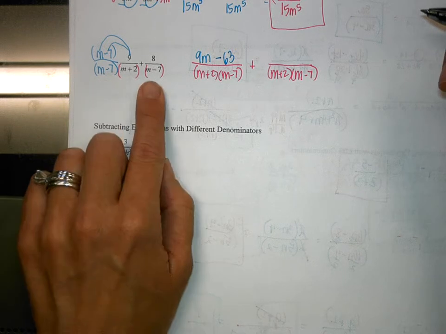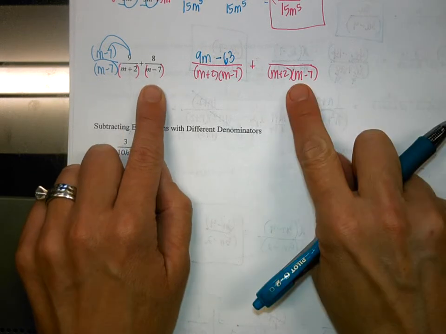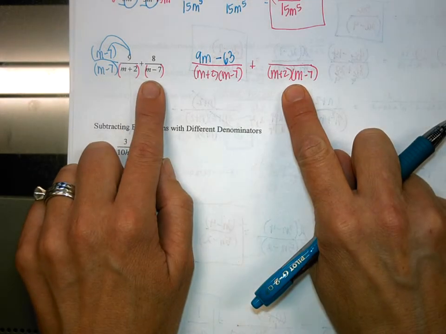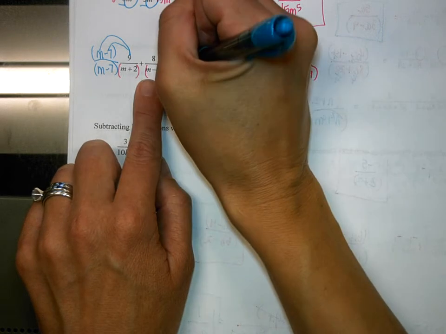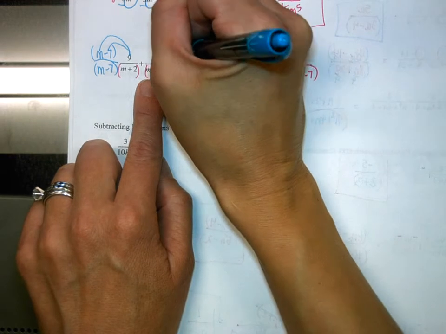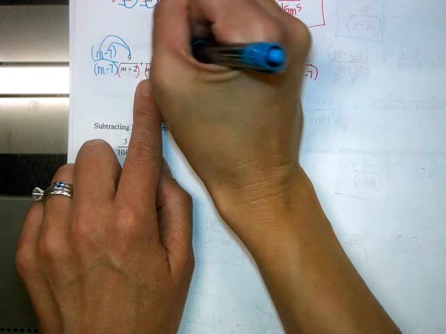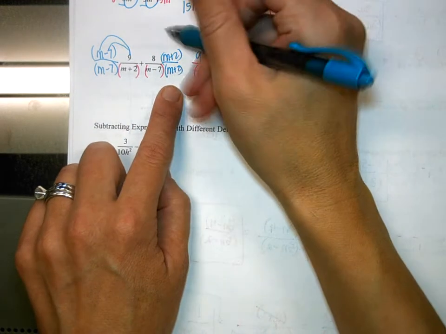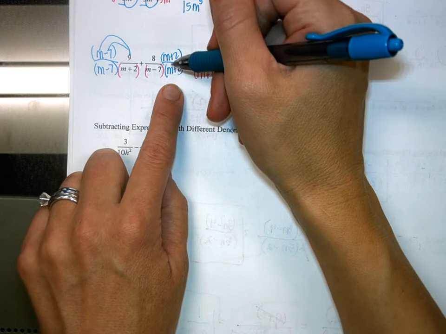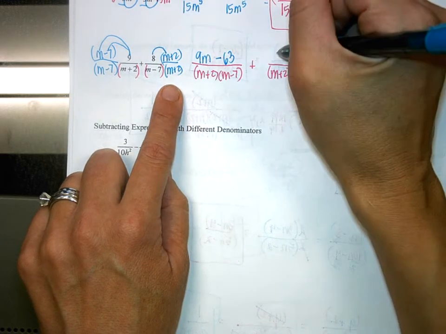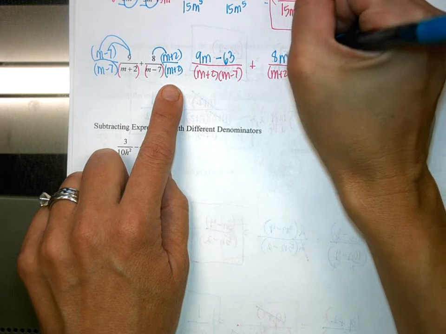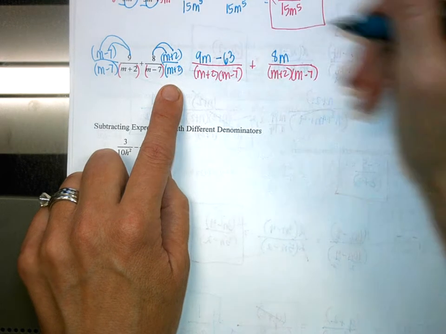Okay, this fraction. So again, we want it to be m plus 2 times m minus 7. So what's it missing? M plus 2. And whatever we do at the bottom, we also have to do to the top, because this really would reduce to be 1, and so I'm really only multiplying by 1. We go 8 times m, which is 8m, and 8 times 2, which is 16.